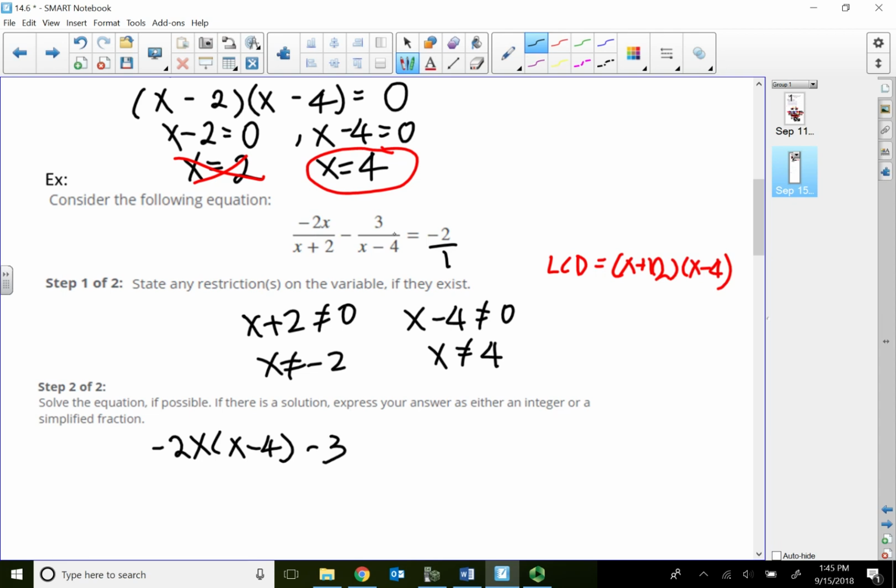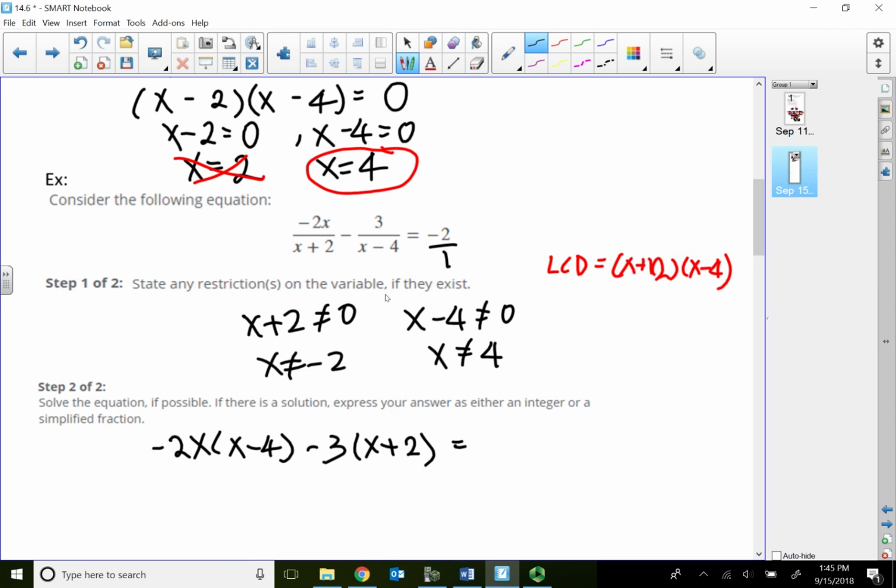Well, my LCD times the second term, the minus 4 will cancel out top and bottom, so that leaves me with the x plus 2 times the numerator. Or you can say, what does the LCD have that my second denominator does not have?